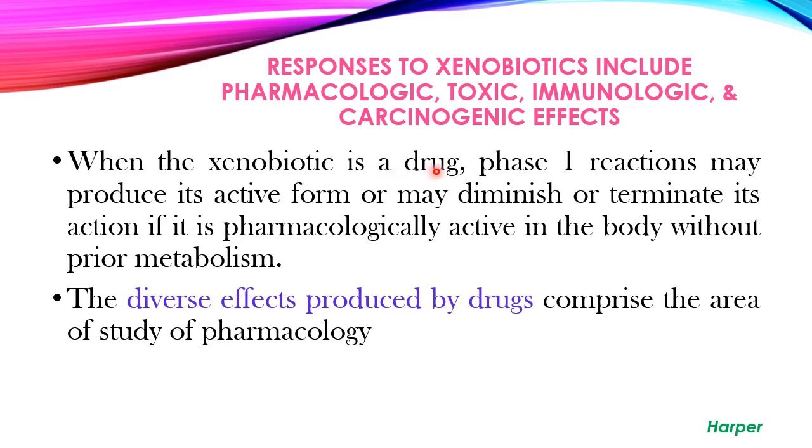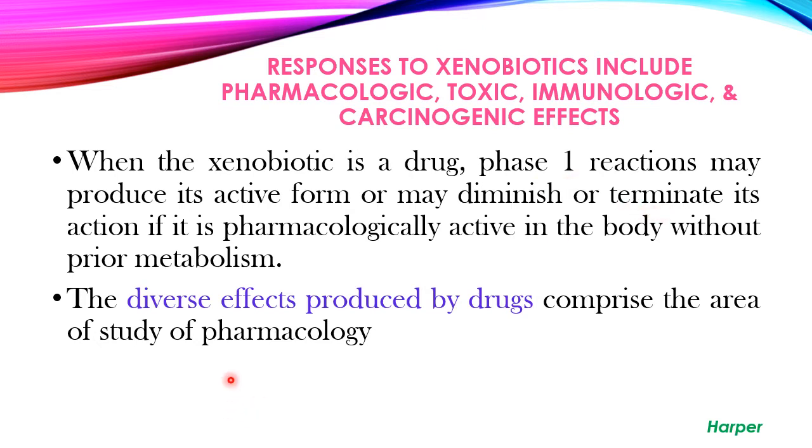Now, when a prodrug undergoes phase 1 reactions of xenobiotic metabolism, it may be converted into its active form if it is beneficial for the body. But if the drug is already available in its pharmacologically active form and it is not needed by the body or it is harmful for the body, then through phase 1 reactions, its action may be terminated.